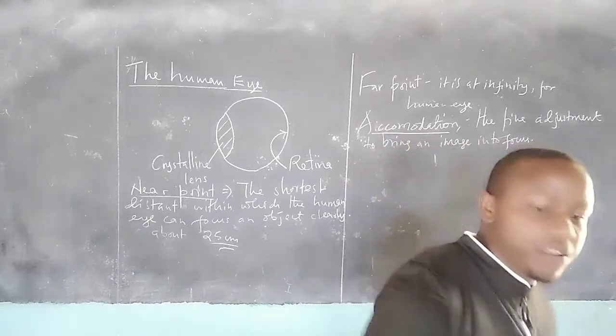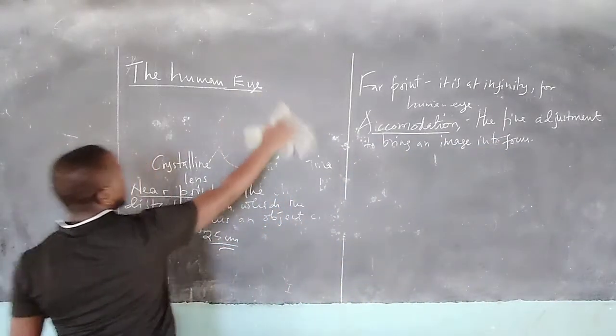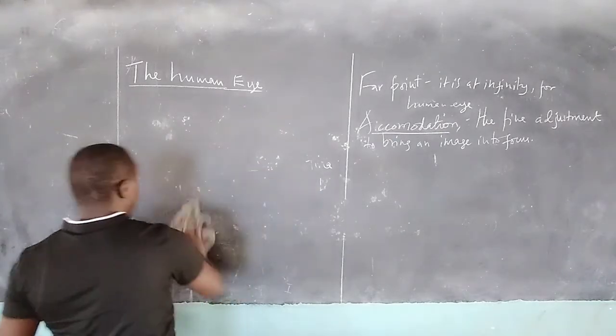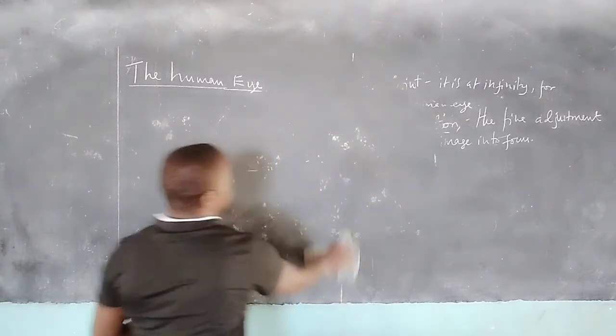So we have what we call defects of the human eye, and I will start with one called myopia. Myopia is, in layman's language, called short sight or short-sightedness.